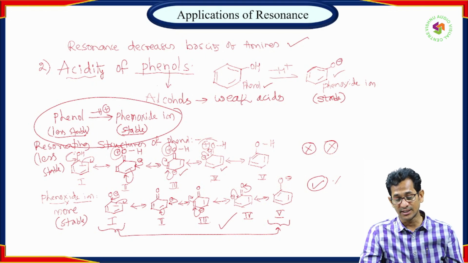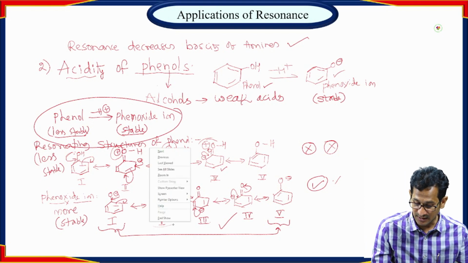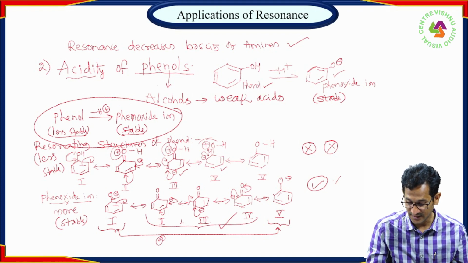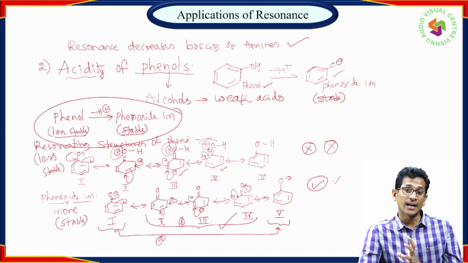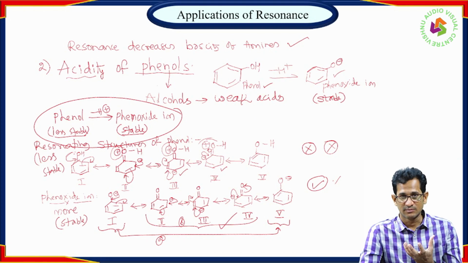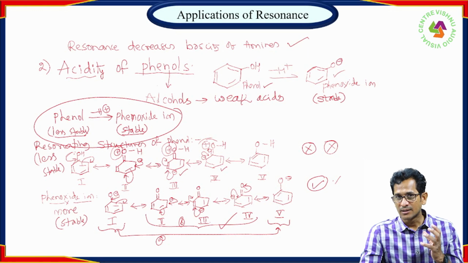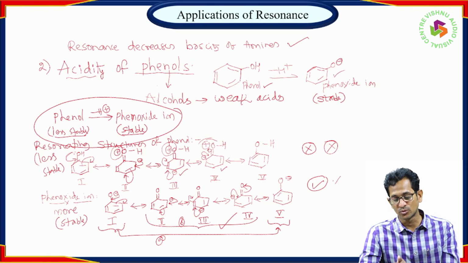The negative charge is present on the ring in 2, 3 and 4. So structures 1 and 5 come to one class, A, and 2, 3, 4 to the other, B. This means in the phenoxide ion we have two types of non-identical resonating structures: A type, first and fifth, and B type, 2, 3, 4.